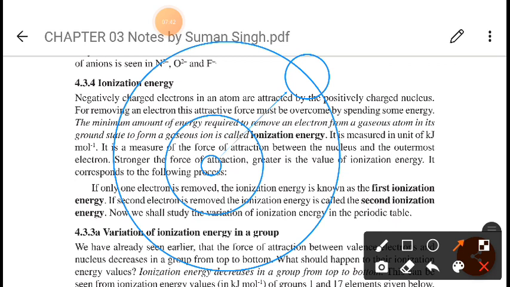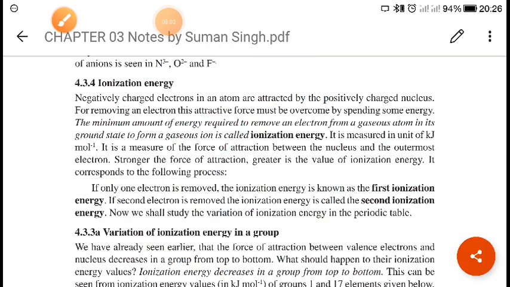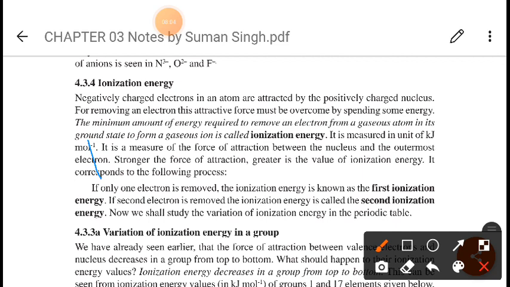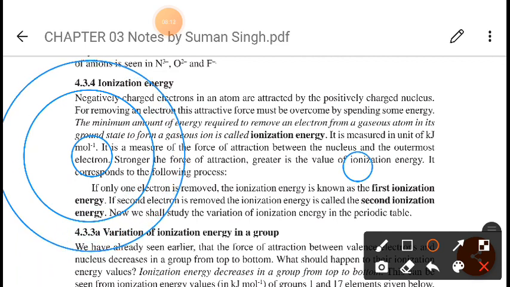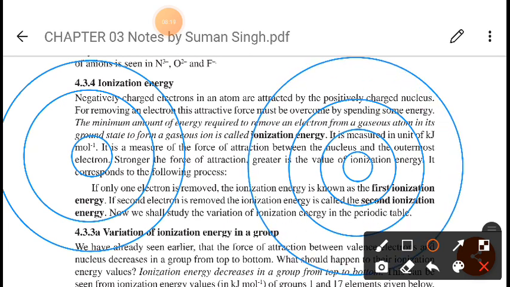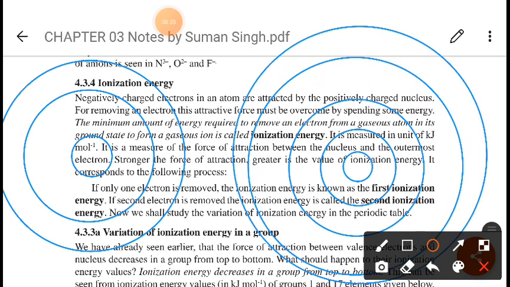Let me give you one example. Suppose one example is this, and another example is this. Here is one electron, and here is another electron. This one is a large atom, and this one is a small atom.